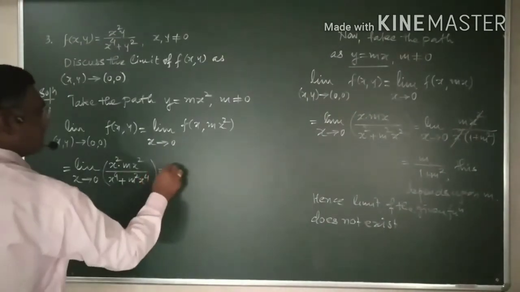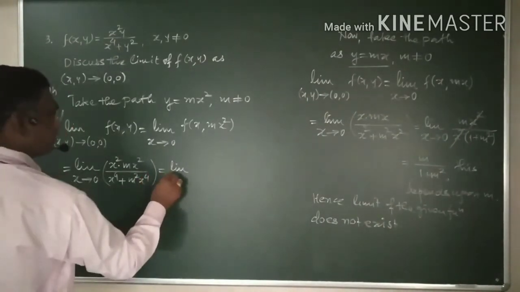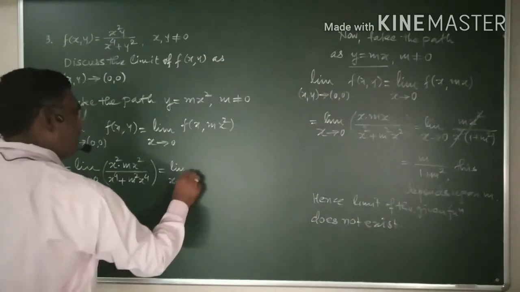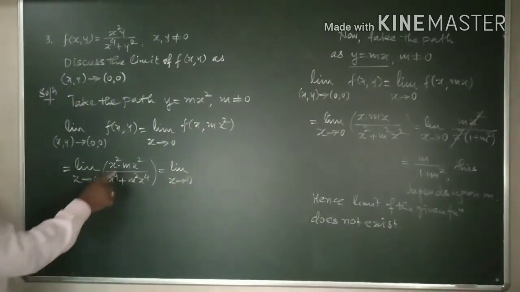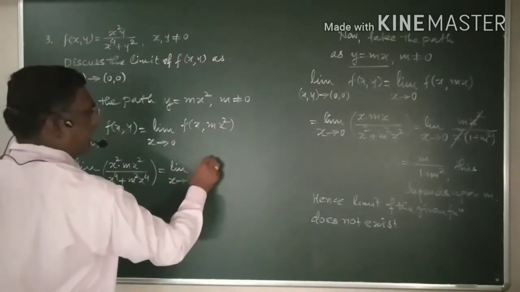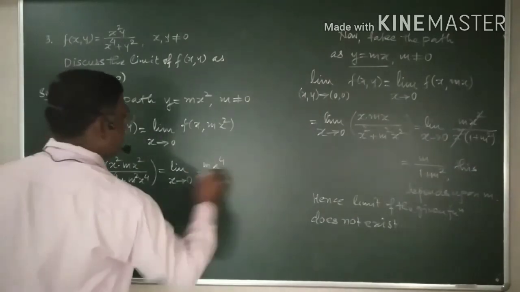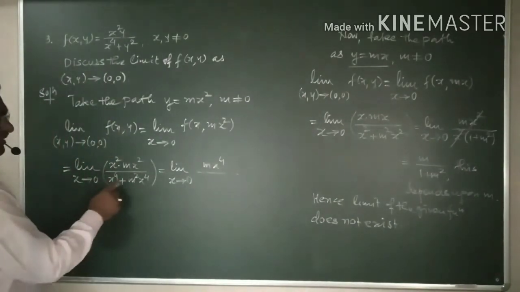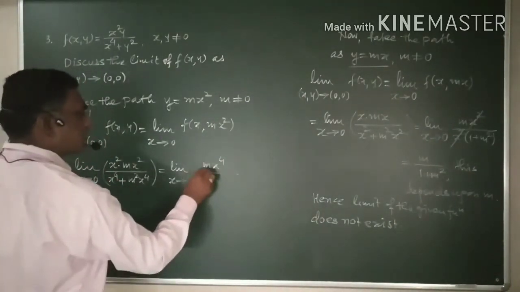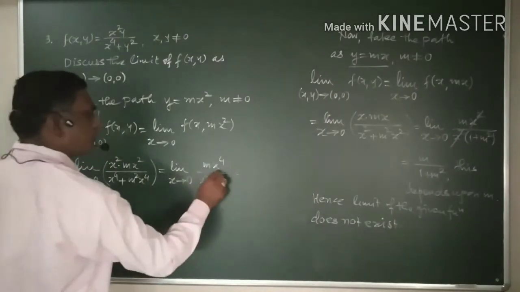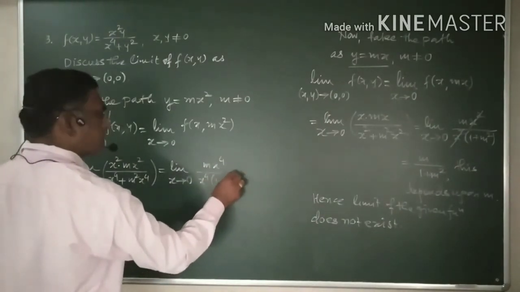Now here you can observe that m x raised to 4 divided by x raised to 4, taking x raised to 4 common, you are getting 1 plus m square.